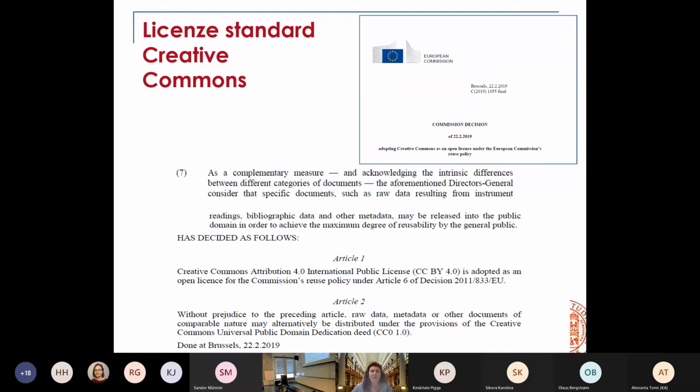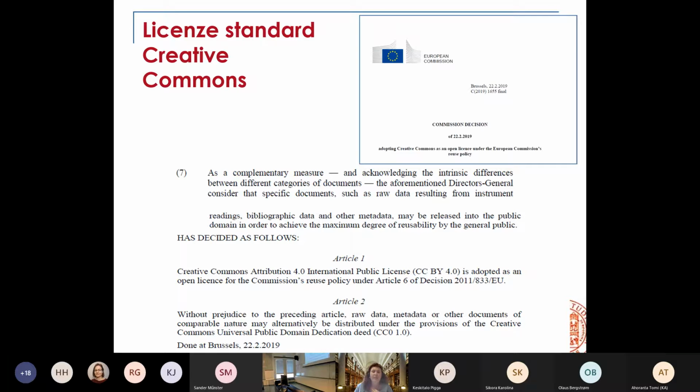In this perspective, the European institutions propose a very important approach that I reported in these slides: to use Creative Commons Attribution, so-called CC BY, and only residually, and only for a limited type of data, use CC0 public domain.